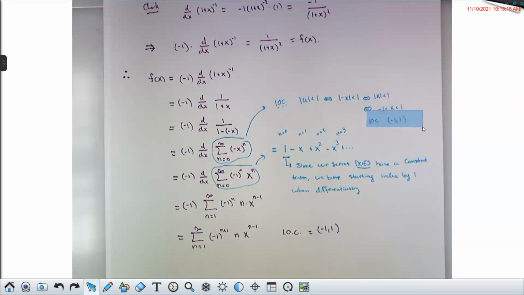Since the original IOC was open and I took a derivative, the only thing that could happen is I lose an endpoint if I happen to have them. But since I do not have either endpoint, my resulting IOC has to be the same as the original. So that's that. This is the power series for 1 over 1 plus x all squared.